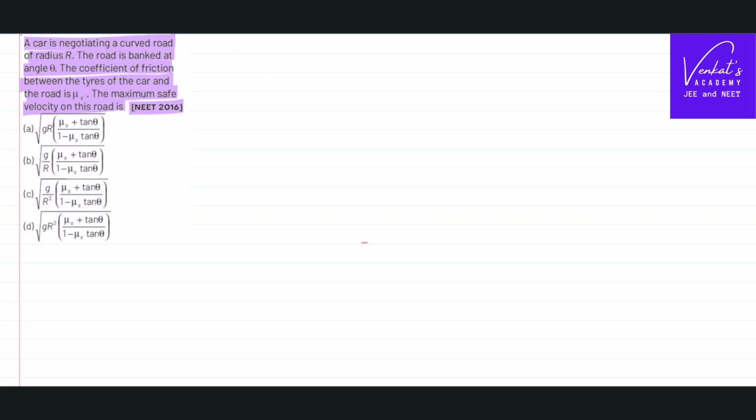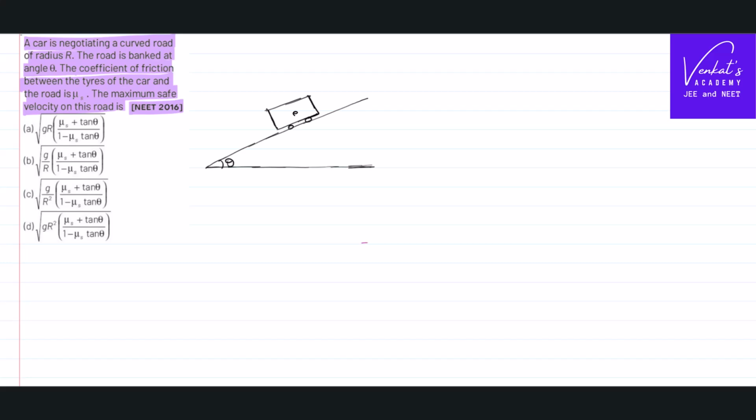Let us try to draw the diagram and understand what has been given. If the road is horizontal, it looks like this. But this road is not horizontal, it is inclined at an angle theta to the horizontal. On this road, there is a car.